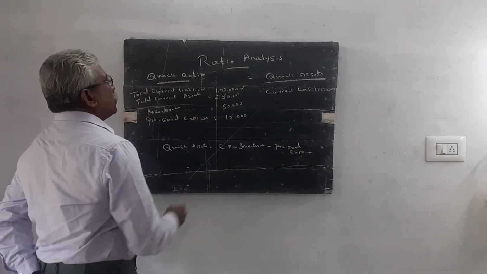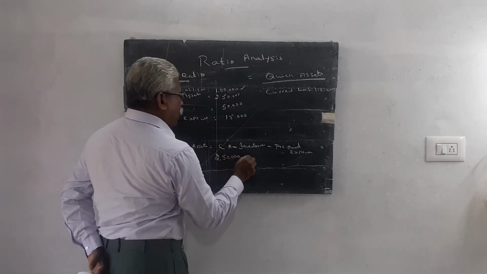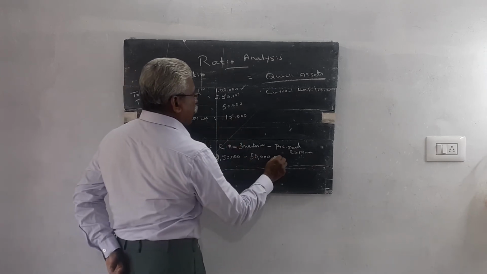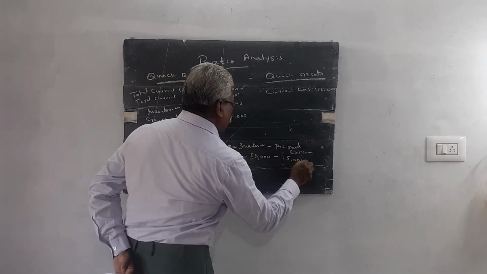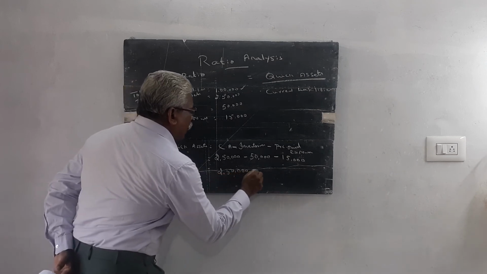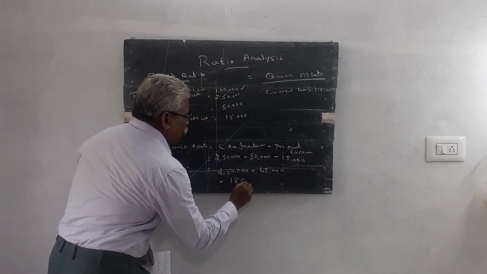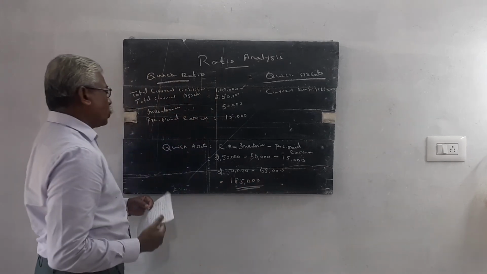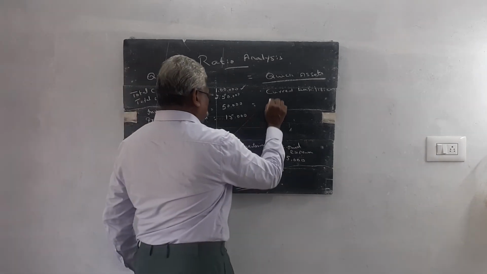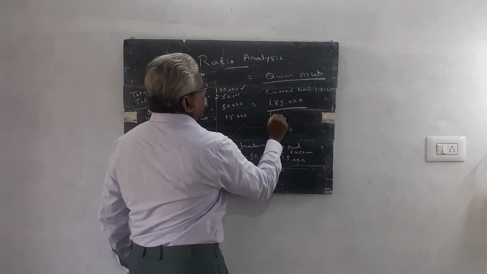The current asset is 2,50,000 minus inventories 50,000 minus prepaid expenses 15,000. So next step, 2,50,000 minus 65,000 is equal to 1,85,000. So quick asset is equal to 1,85,000. Current liability is equal to 1 lakh.